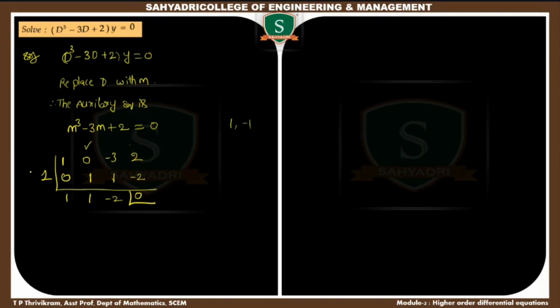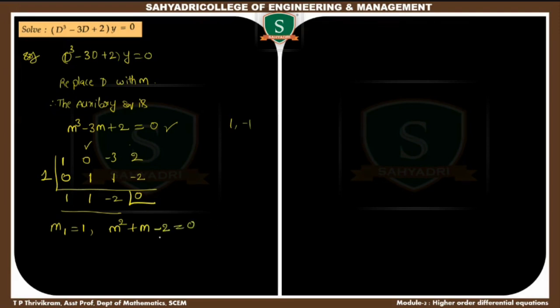So using the first root, I have converted this cubic equation into a quadratic equation like this. How to write the quadratic equation for this? I can write the roots are m1 equal to 1. Next, m2 and m3 we get from this equation. Start from m square: m square into 1 gives m square, plus the m coefficient is 1, so 1m minus 2 equal to 0.